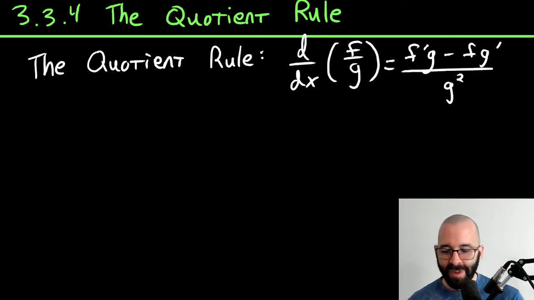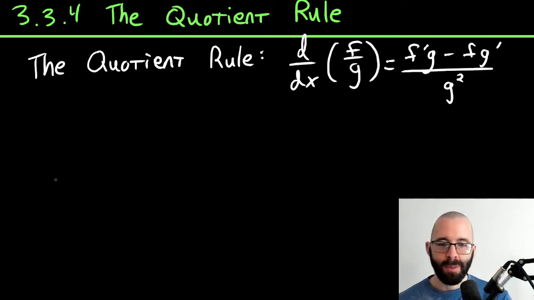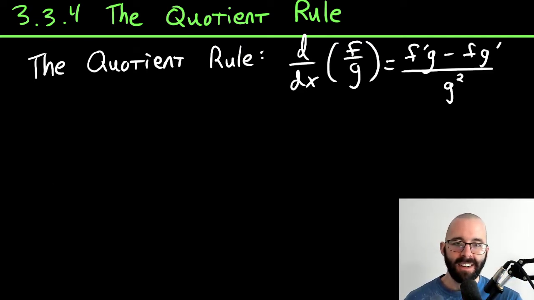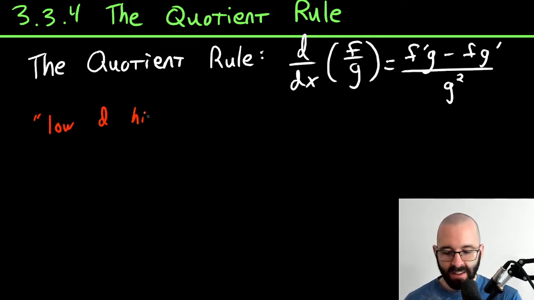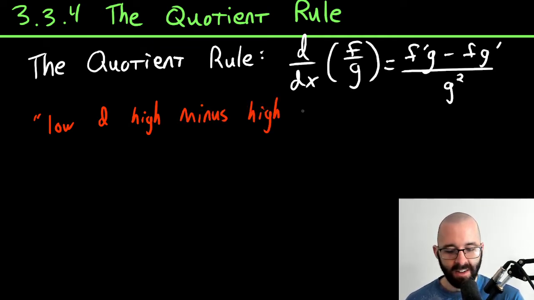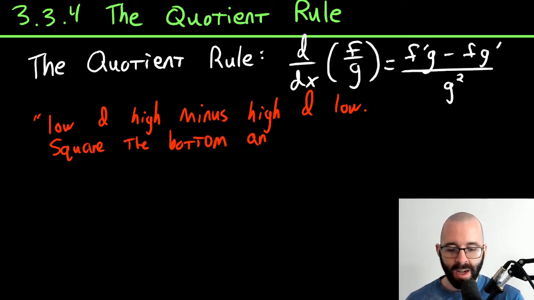But another way that a lot of people remember it is with this little phrase: low d high minus high d low, square the bottom, and away we go. A nice little rhyme.